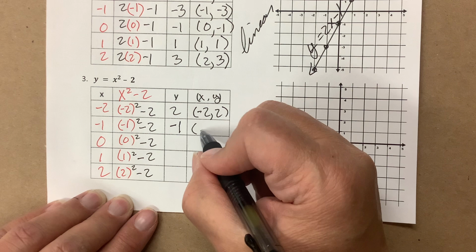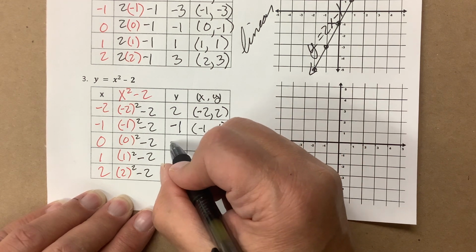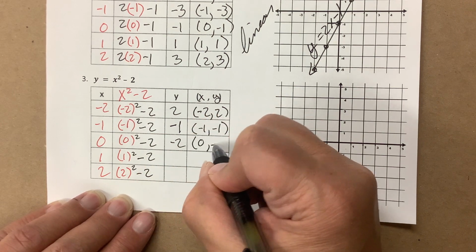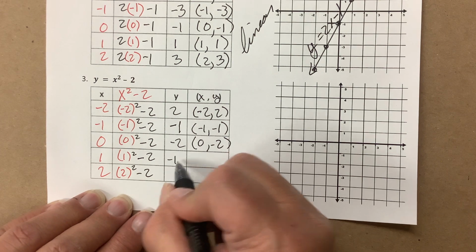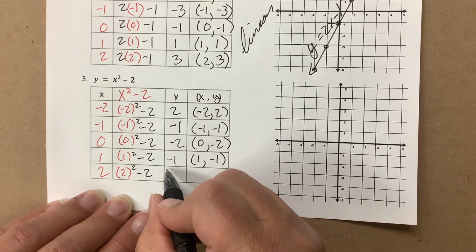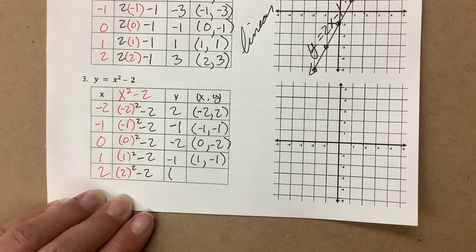So what do I have here? (-1, -1). 0 is -2. Put this in your calculator. (0, -2). And 1 minus 2 is -1. Say it (1, -1). And this is 4 minus 2 is 2. I put a parenthesis. I don't know.